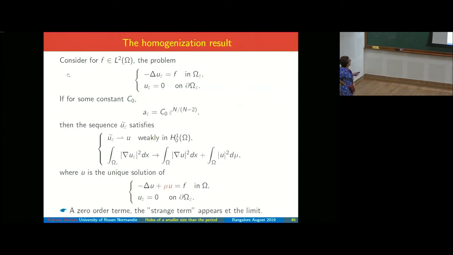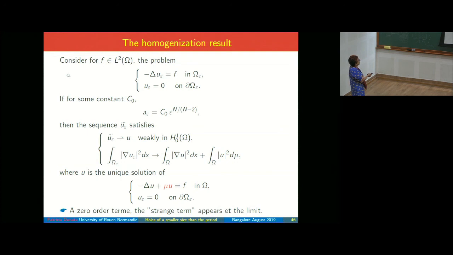We consider the Dirichlet problem everywhere, again, and we have delta here. So if for some constant C0, a_epsilon is of order epsilon to the power n over n minus 2, which in three dimensions means epsilon cubed, then we have that the zero extension of u_epsilon converges weakly to some u, its gradient, which is its energy, converges to this energy.